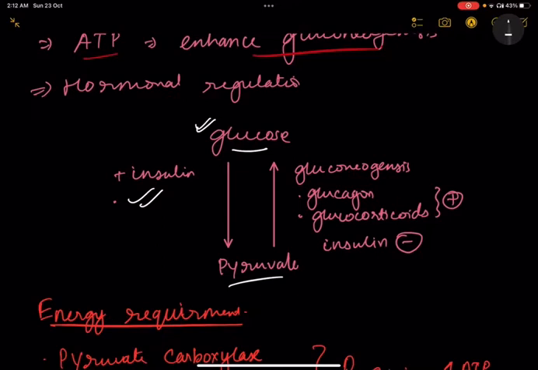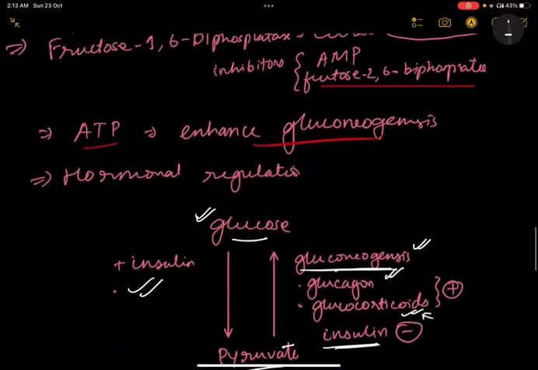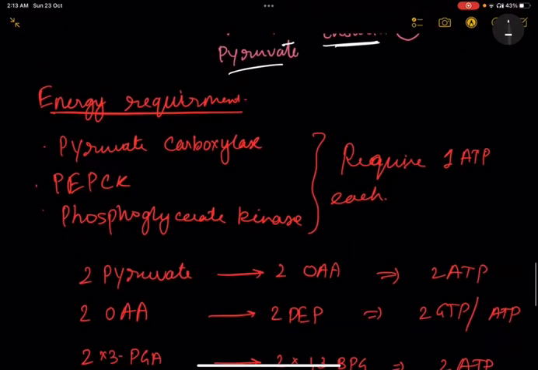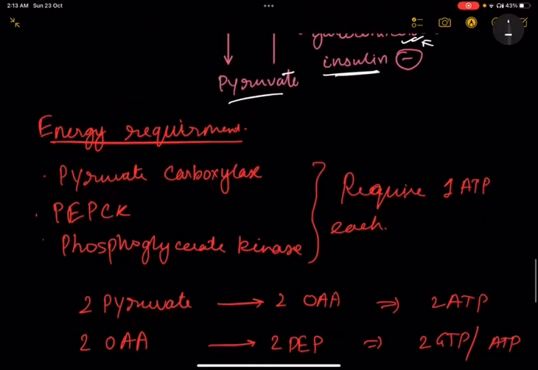But if we need formation of glucose, then insulin will act as an inhibitor, and glucagon and glucocorticoids, which is cortisol, whose function is to increase the blood glucose level, will enhance gluconeogenesis. So this was about the regulation of gluconeogenesis, and now about the energy requirement.